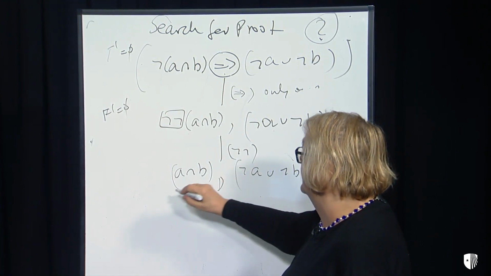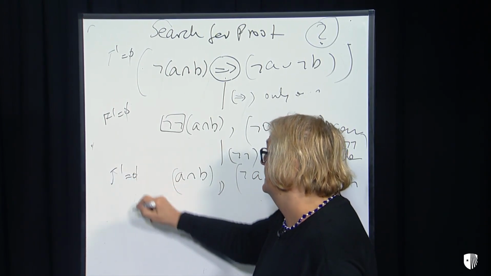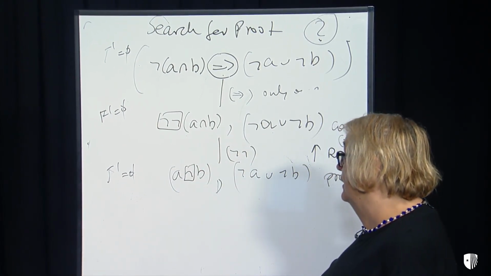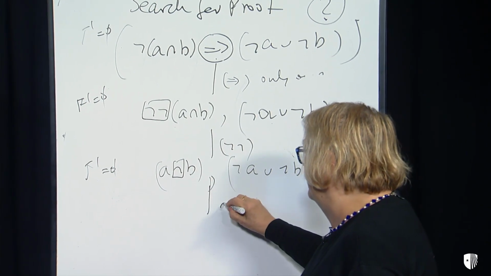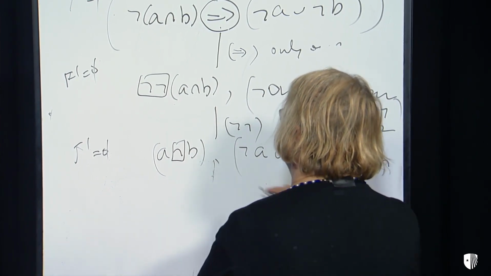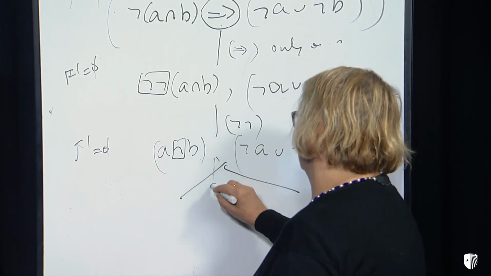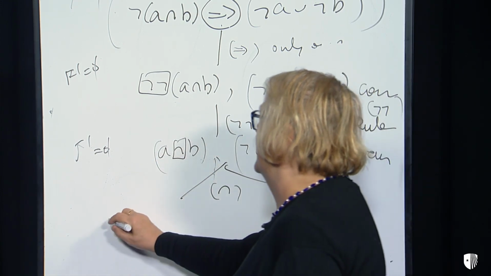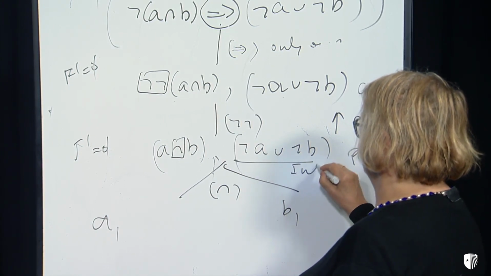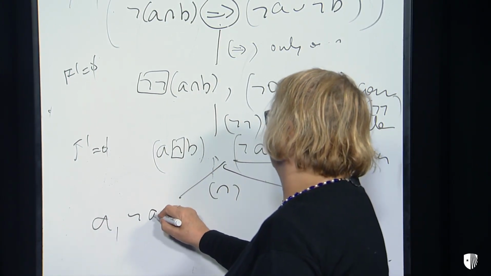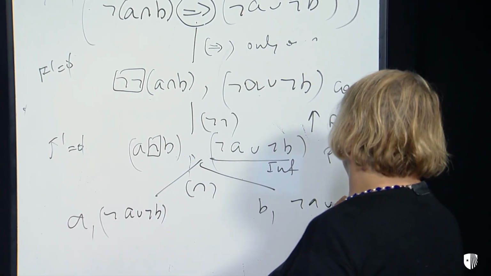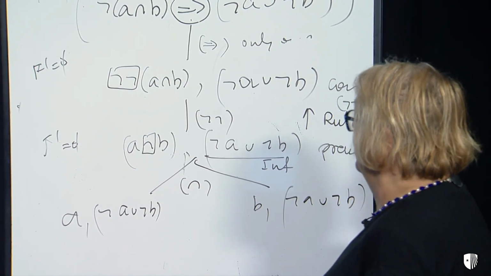And again, you keep going. Here again gamma prime is empty, so you have to look at the first one. If this had a proof, it would be only by that rule. What this rule says is that conjunction is a two-premise rule. So I write conjunction. One premise is A, and the second is B. And this is the information which you carry, so that would be not A or not B, and here would be not A or not B. And now you have two branches.